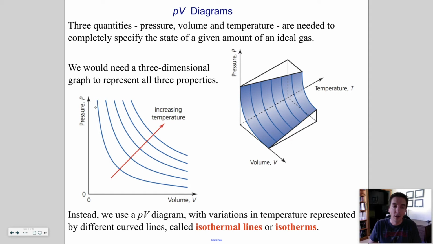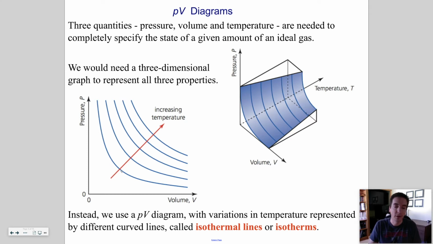So anything along an isothermal line represents a constant temperature. So notice these pressure and volume relationships are consistent with what we've seen before with Boyle's law. As the volume of a gas increases, the pressure of the gas decreases. Kind of makes sense.